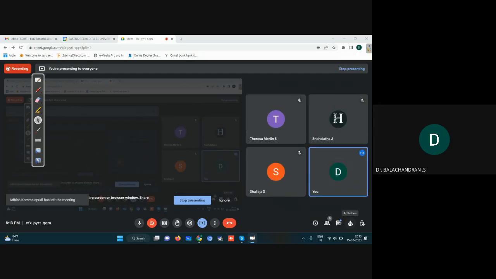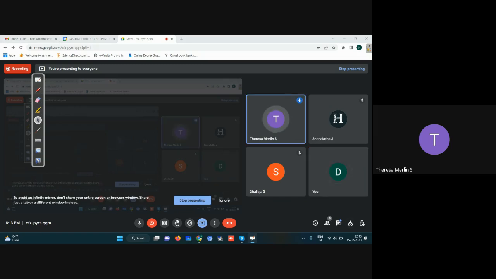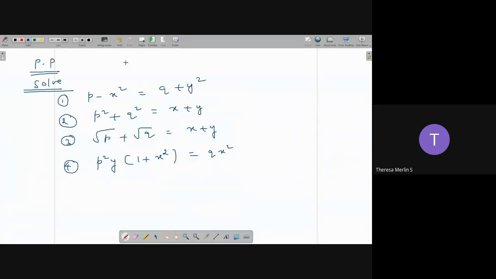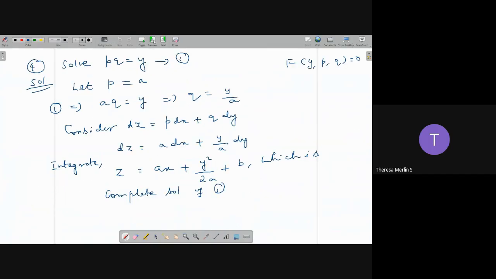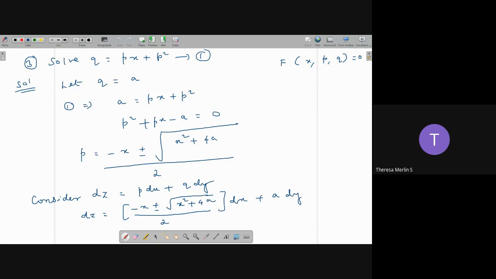Sir, one doubt still. Yes, please tell me. Sir, before type 4, last before the sum, q is equal to px plus p square, that sum, sir. Next slide, sir.